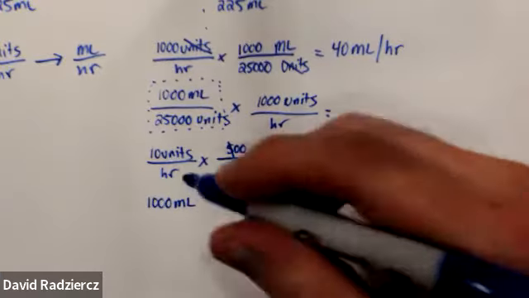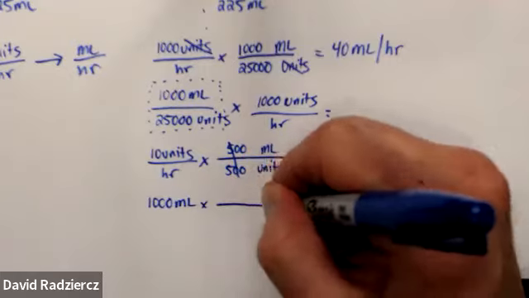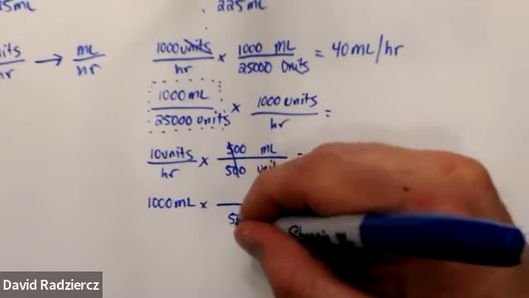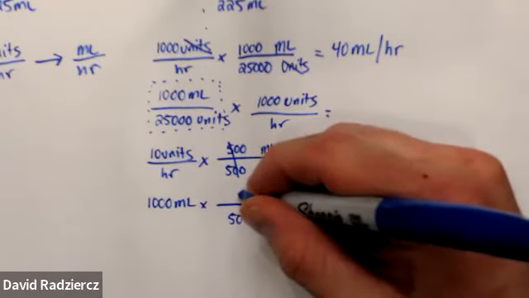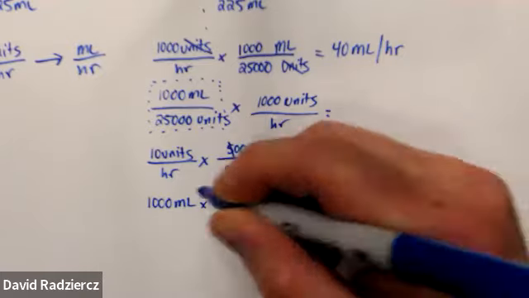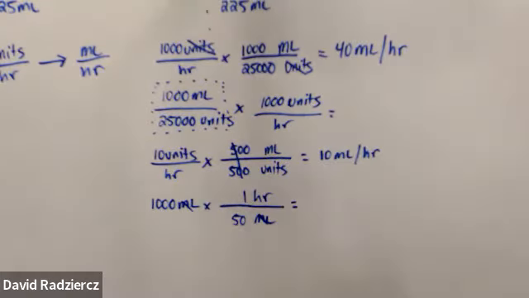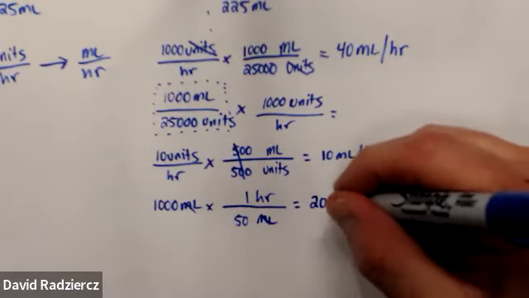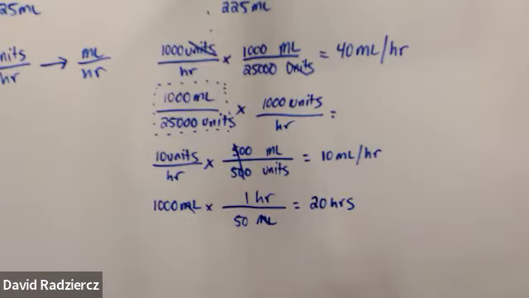So if it's 1,000 milliliters and it's infusing at 50 milliliters per hour, 1,000 divided by 50 tells me it's infusing for 20 hours. And you can answer that question if you just did 1,000 divided by 50. It's the same thing I did, just writing it out differently is all.